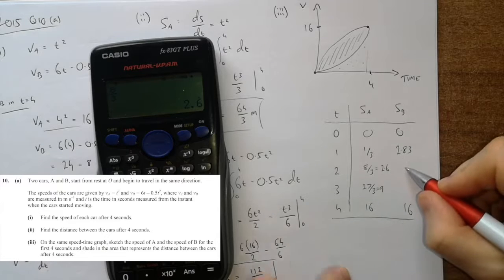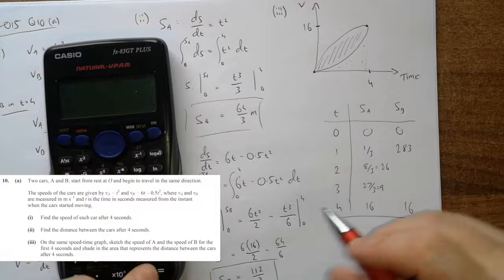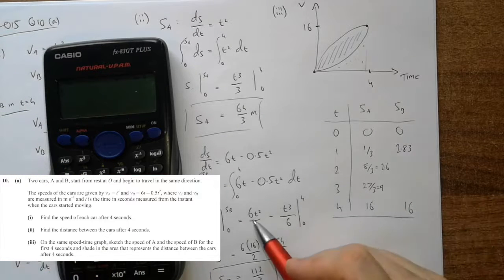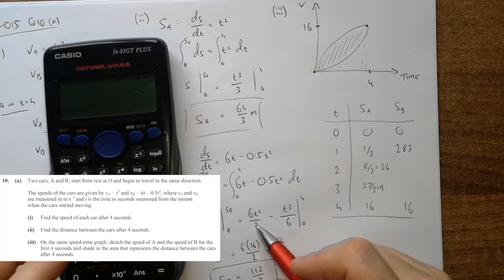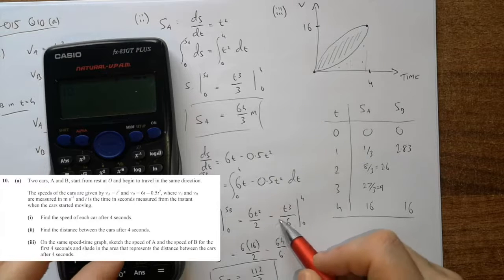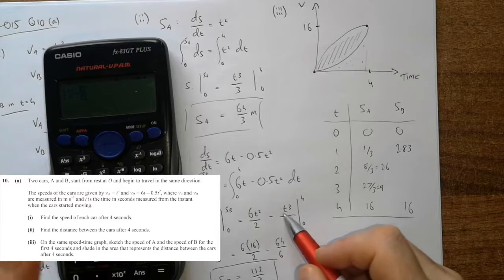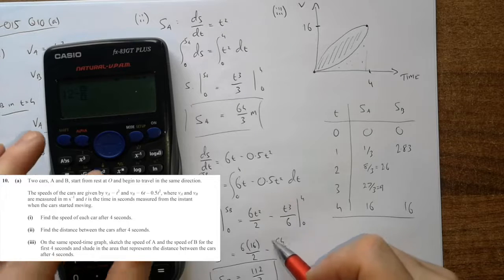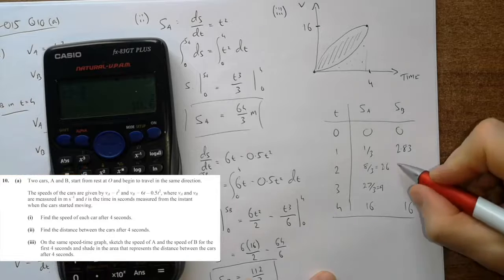All right, what's this one going to be here? I know there's a little bit of work on this one. 2 squared is 4, so 24 over 2, so it's going to be 12. Minus, do this one as a fraction, 2 cubed is 8 over 6. And we're going to get to 10.6.